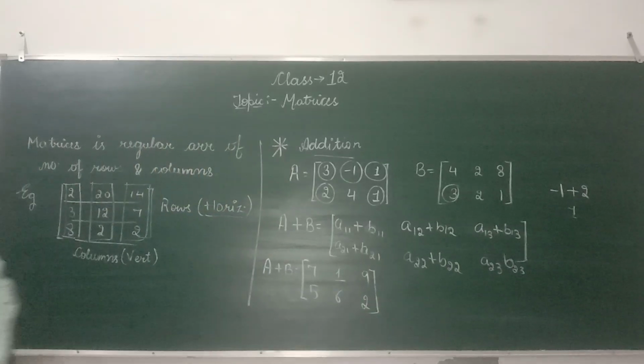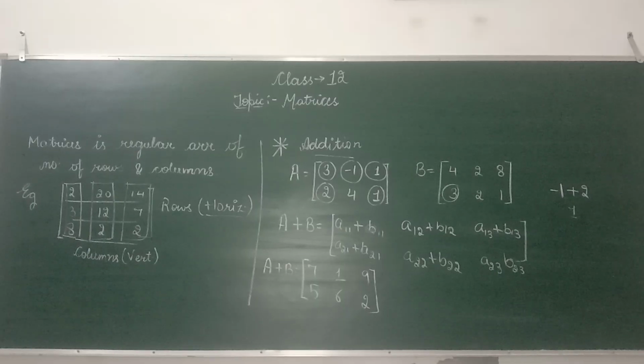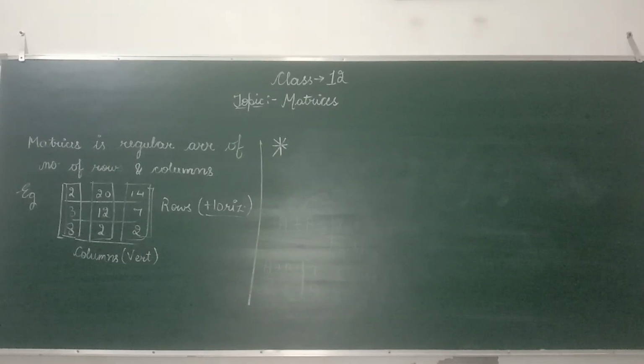So this is the matrix A plus B whose elements are 7, 1, 9, 5, 6 and 2. Addition and subtraction of matrices is so easy.